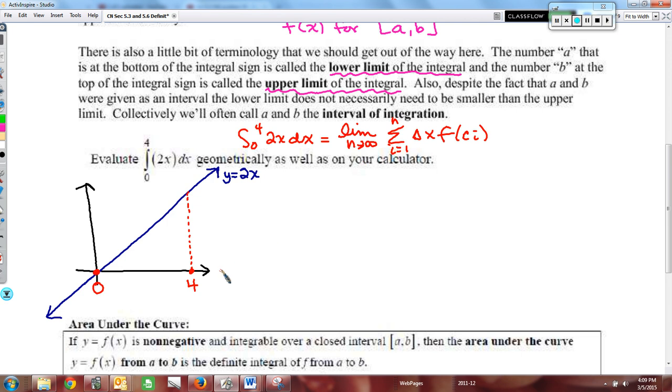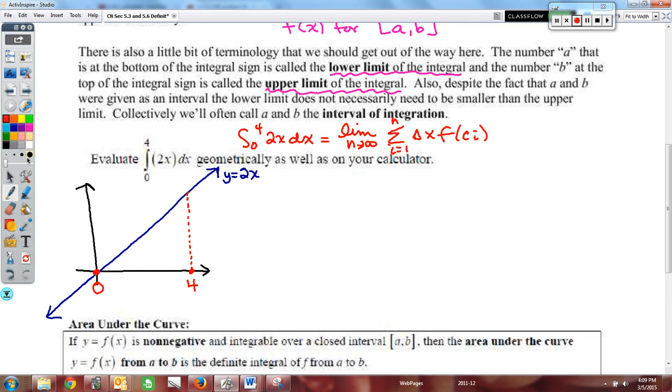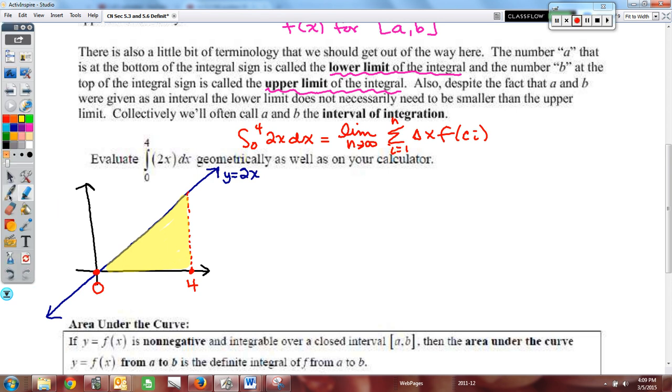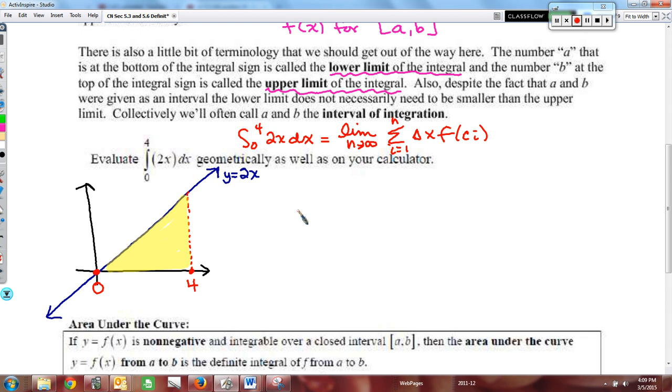Regardless of what I'm choosing here, because the function is always above the x-axis, it is going to be talking about this area under the curve right here. So in this problem, because f of x is always positive, this definite integral is the area denoted by this yellow region right here.